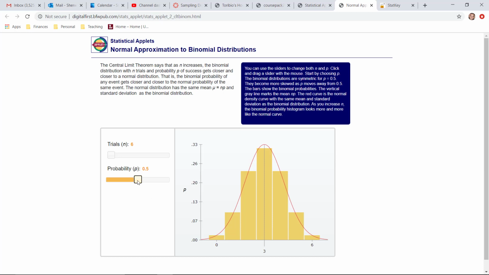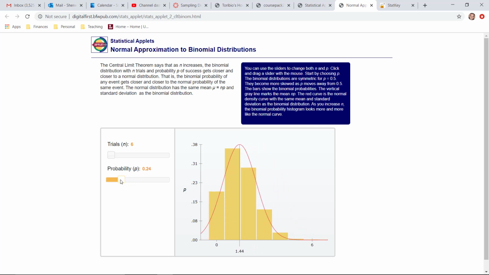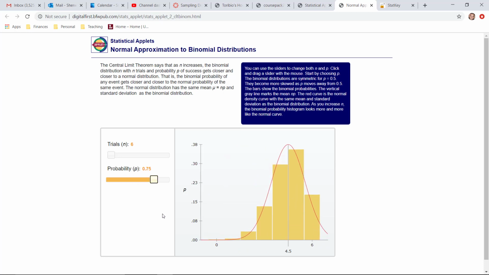However, if p is not 0.5, for example, if p is smaller, you will notice that the distribution is no longer symmetric. It's skewed to the right now. And if the success probability is higher, closer to 1, then it will be skewed to the left.